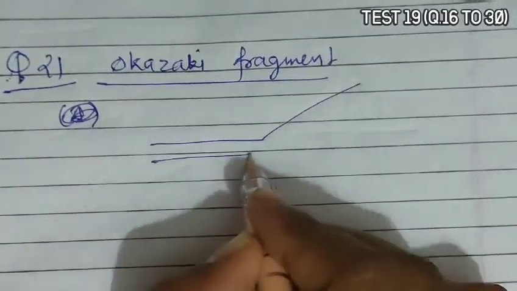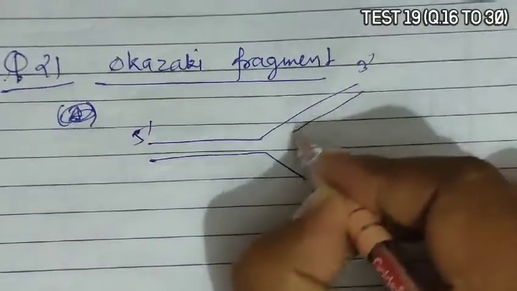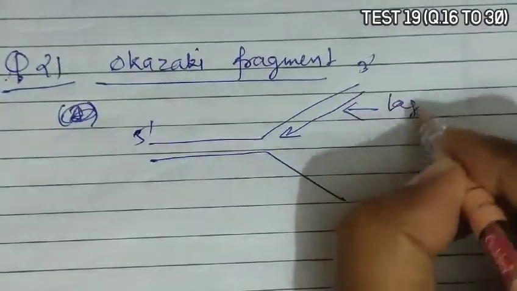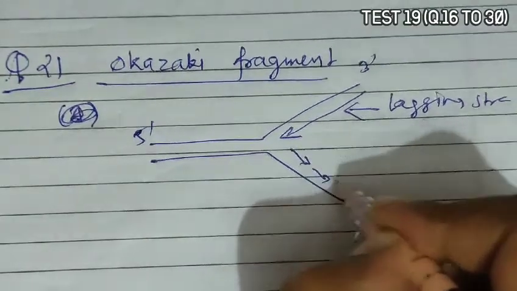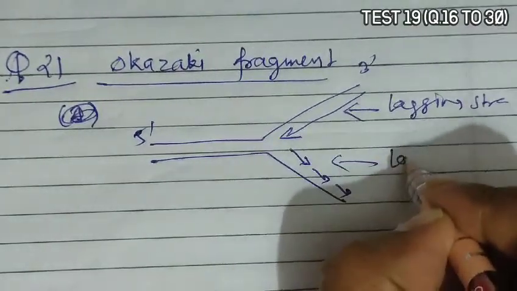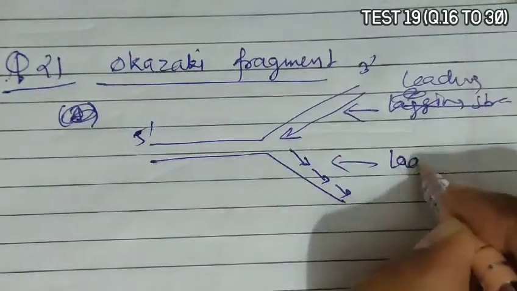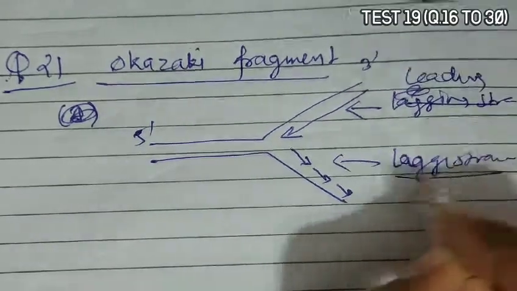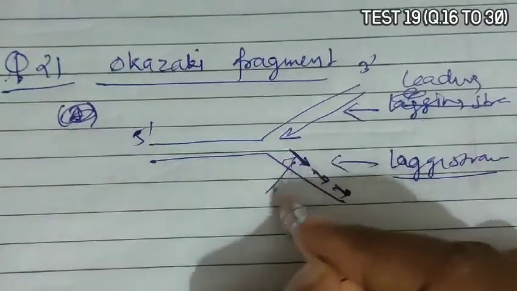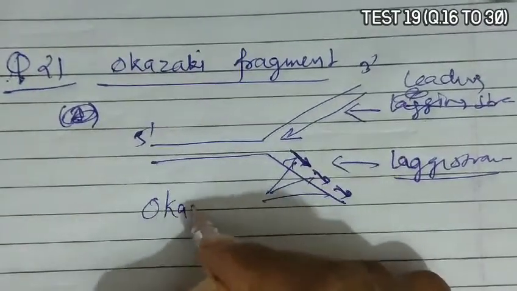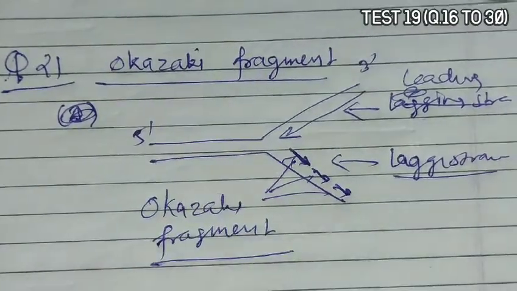When there is replication, there is synthesis of one continuous strand, known as the leading strand, and there is discontinuous synthesis on the other strand, which is known as the lagging strand. Now on the lagging strand, these fragments of DNA are known as Okazaki fragments, as they were discovered by Reiji Okazaki.